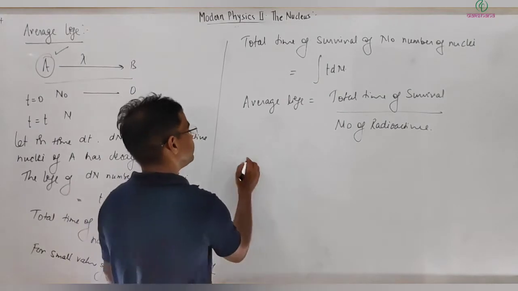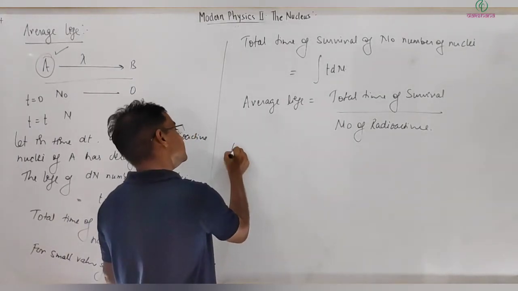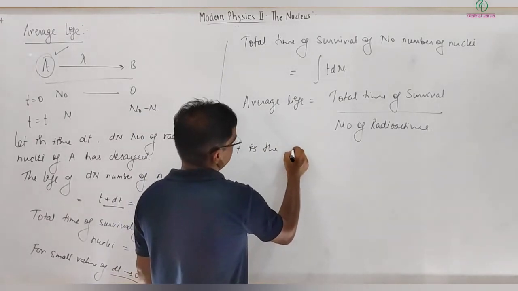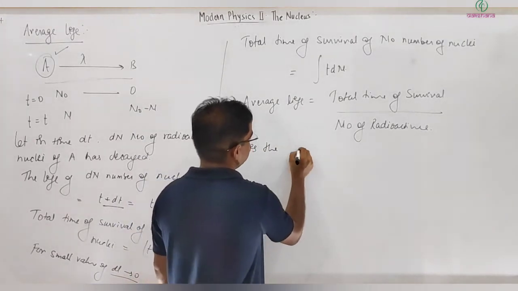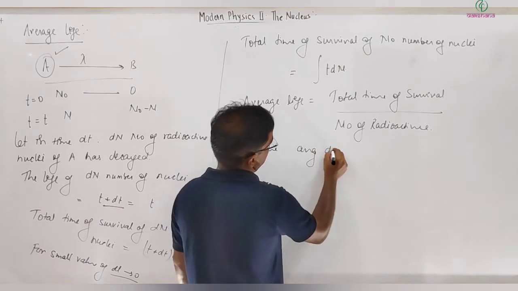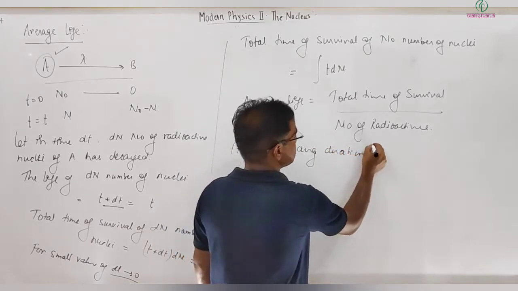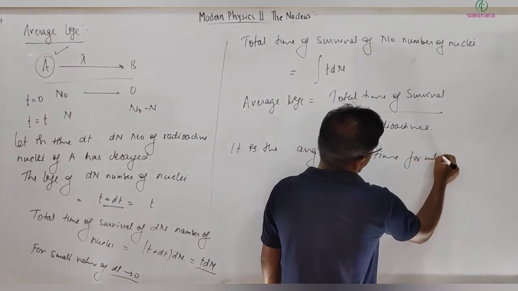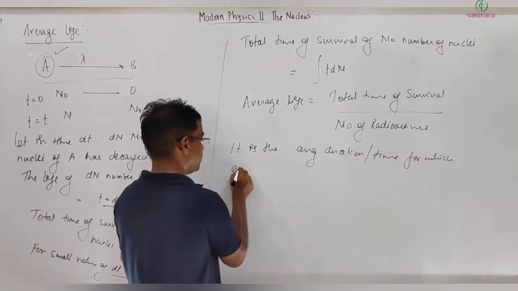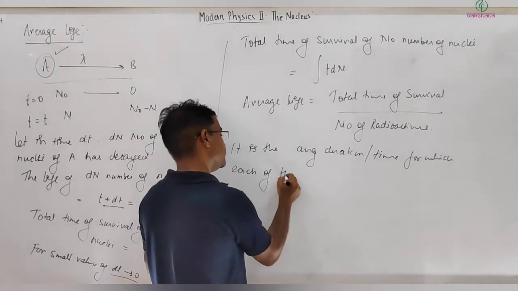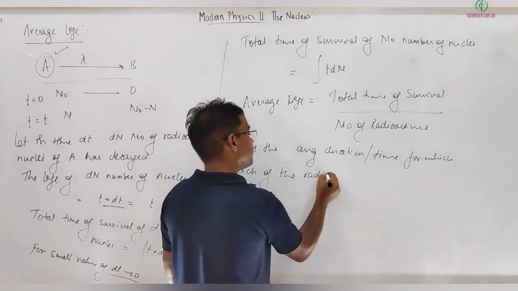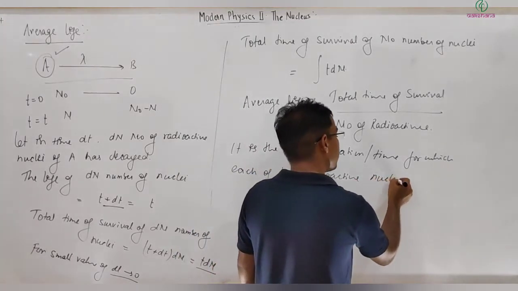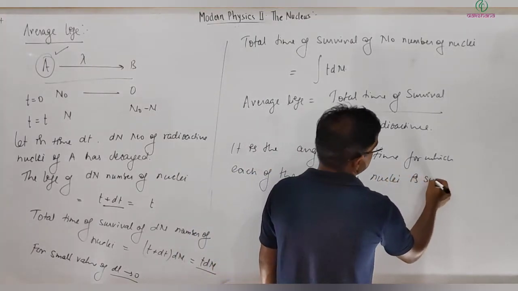So you can write here just the definition: it is the average duration, or you can also write time, for which each of the radioactive nuclei is surviving.